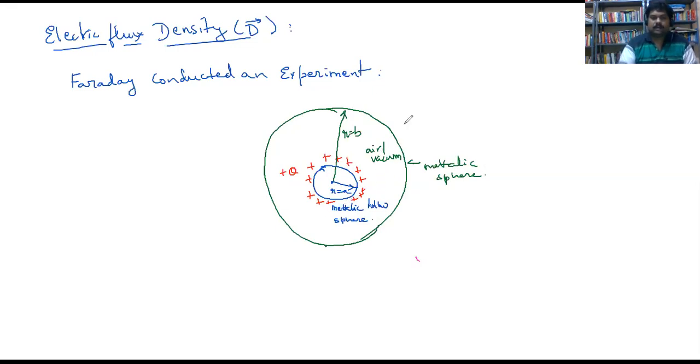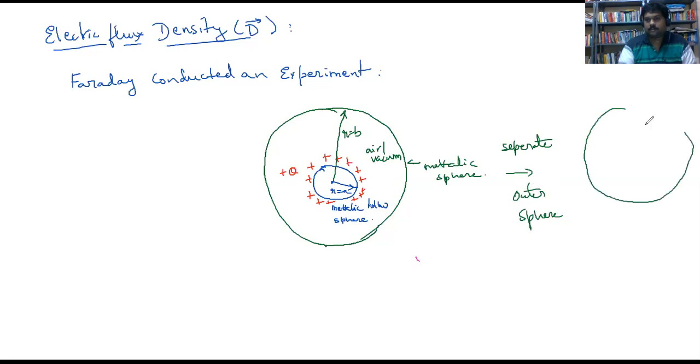What happened is, after he introduced this experiment, he removed the outer sphere separately. So he separated the outer sphere like this.